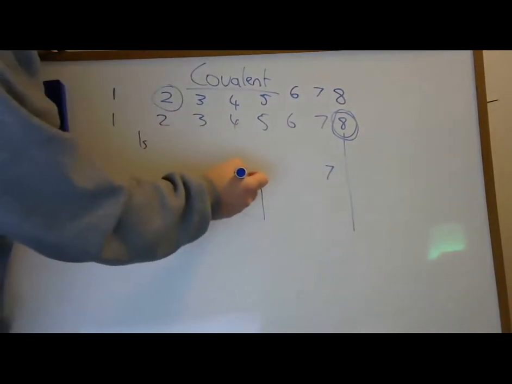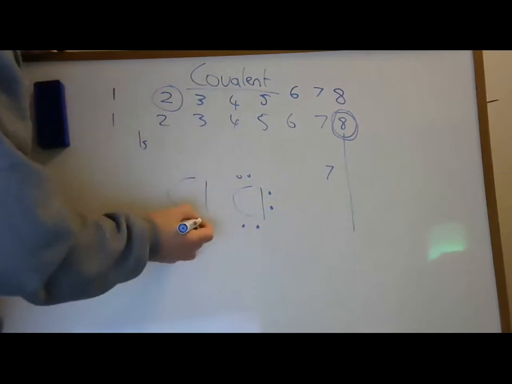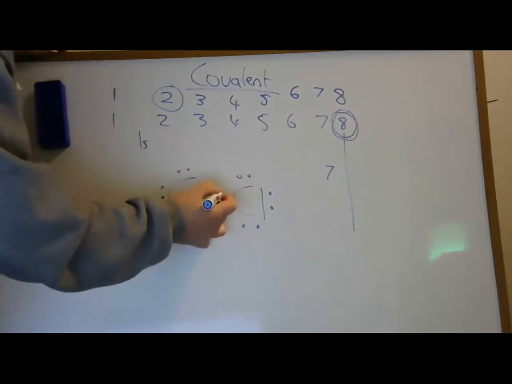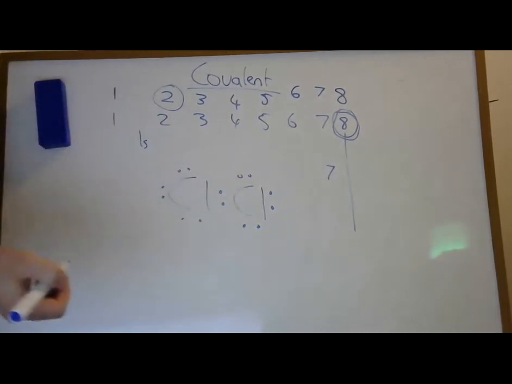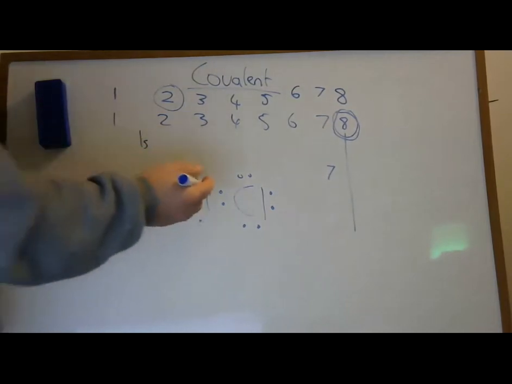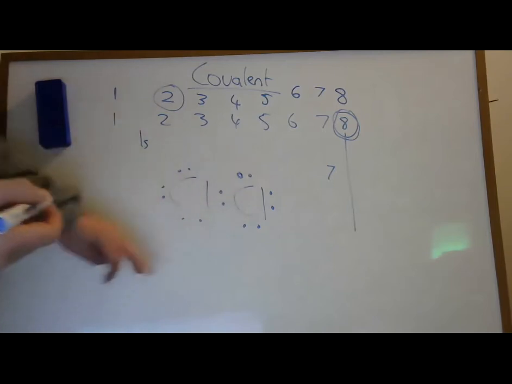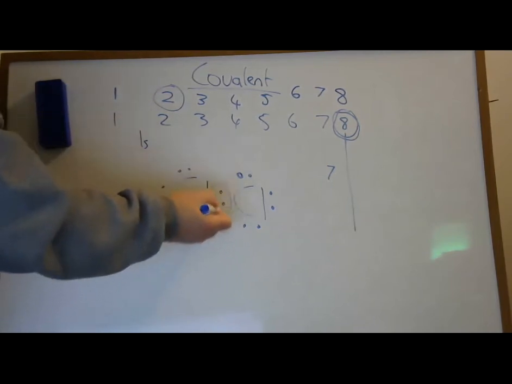So if we put them around like this, and then they share this pair in the middle. This is the bonding pair in a covalent bond. Bonding pair here, they're sharing these 2.